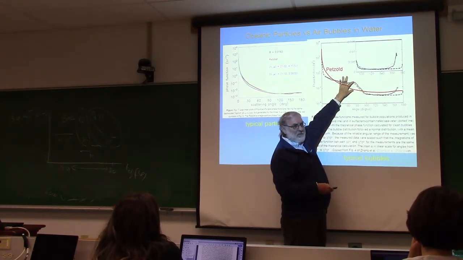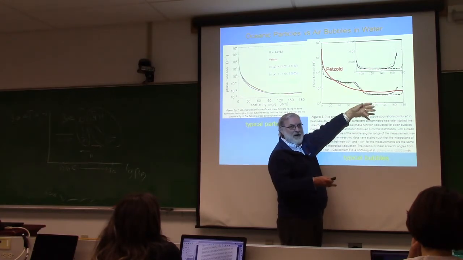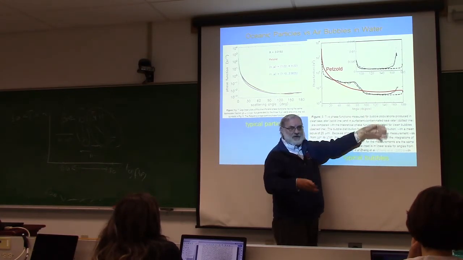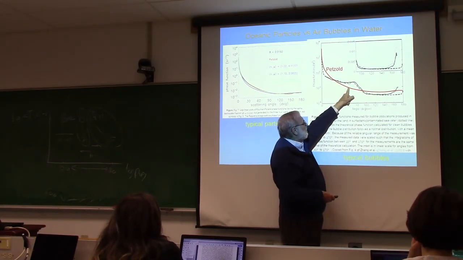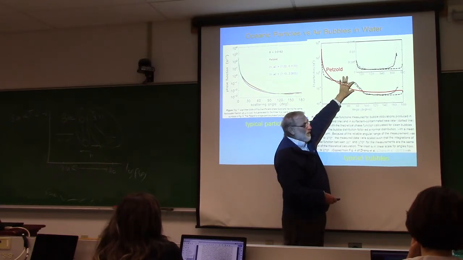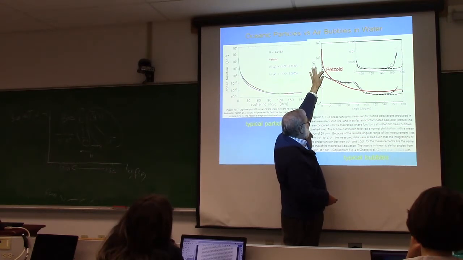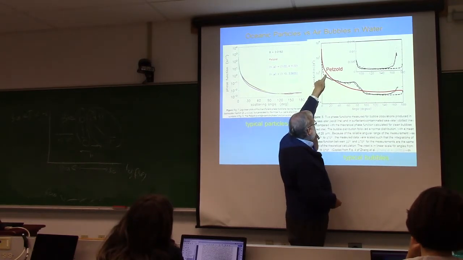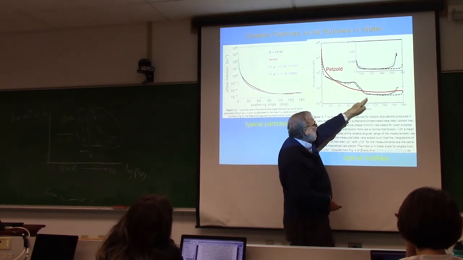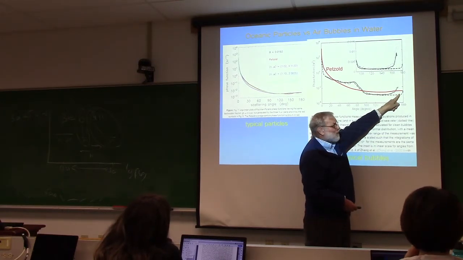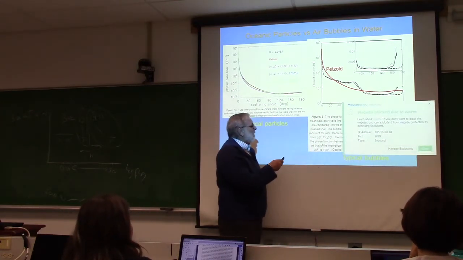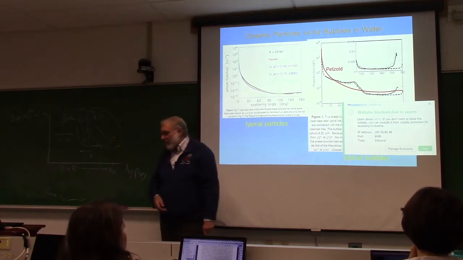So if you tried to model air bubbles and scattering by them and their effect on remote sensing, etc., and you use the Petzold phase function, you're going to be off by an order of magnitude at some angles. Here it's way too small, or Petzold's too big, here it's too small, here it's too big, here it's too small.